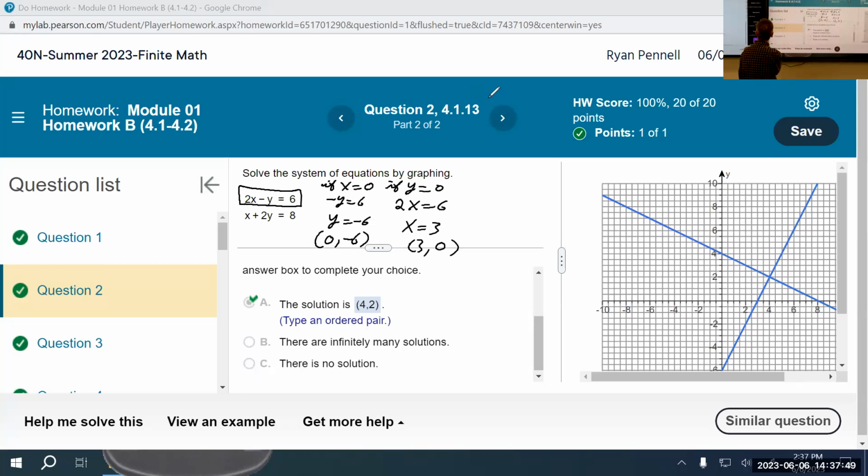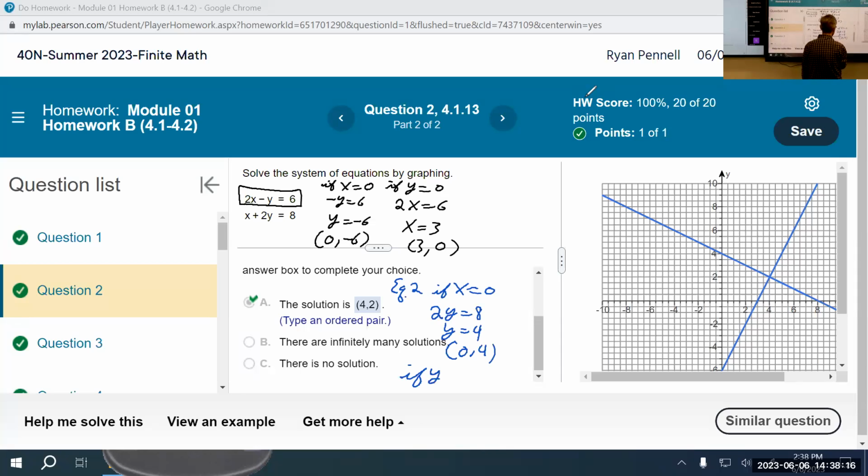I'm going to do the same thing for the other line. So for equation 2, if x equals 0, then 2y equals 8, y equals 4. If y equals 0, then x equals 8.